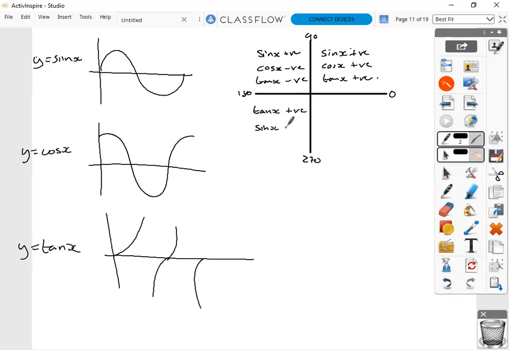Sin x is negative. Cos x is negative. Only between 270 and 360, completing that rotation, completing that one wave, is cos x positive. The rest are negative.